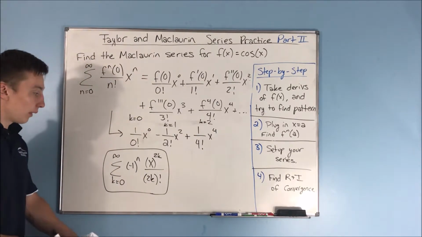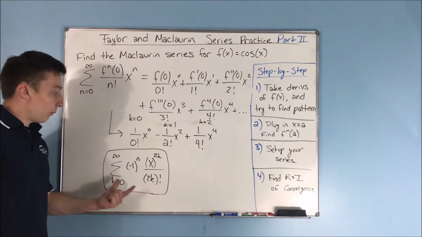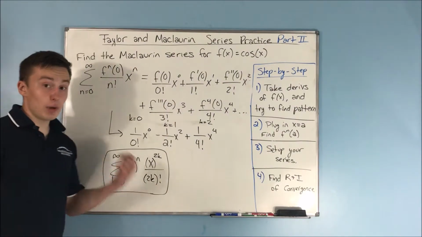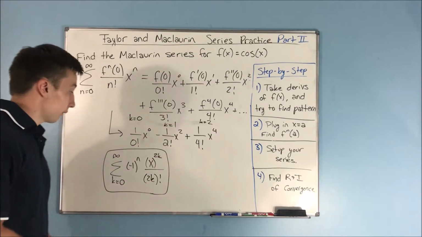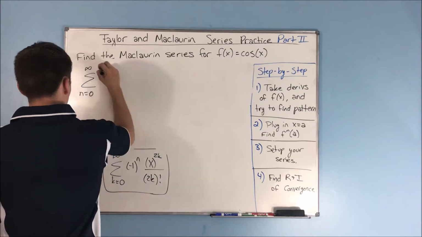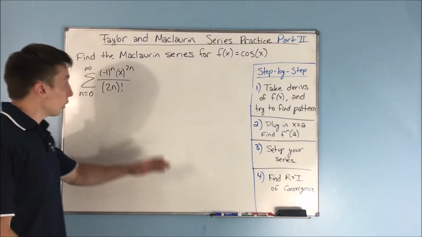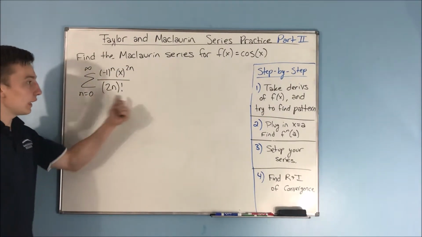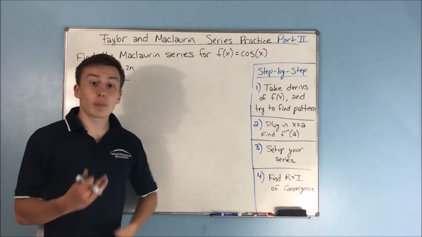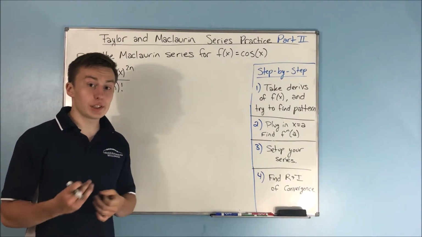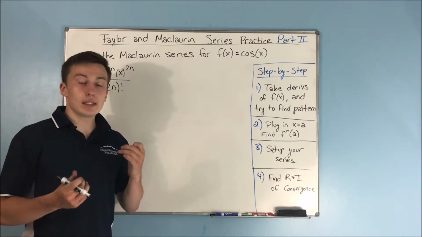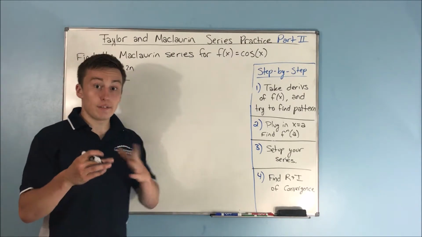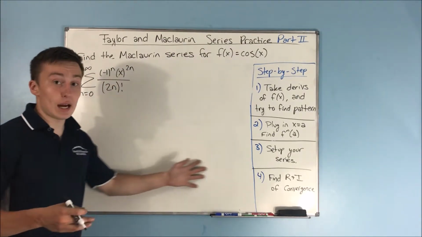All right. So now all that's left is to find the radius and the interval of convergence. Now, real quick, I'm going to change this back to n's. The only reason I switched it to k in the first place, if you didn't catch on, is because I don't want you to get confused with the different series that we now have.